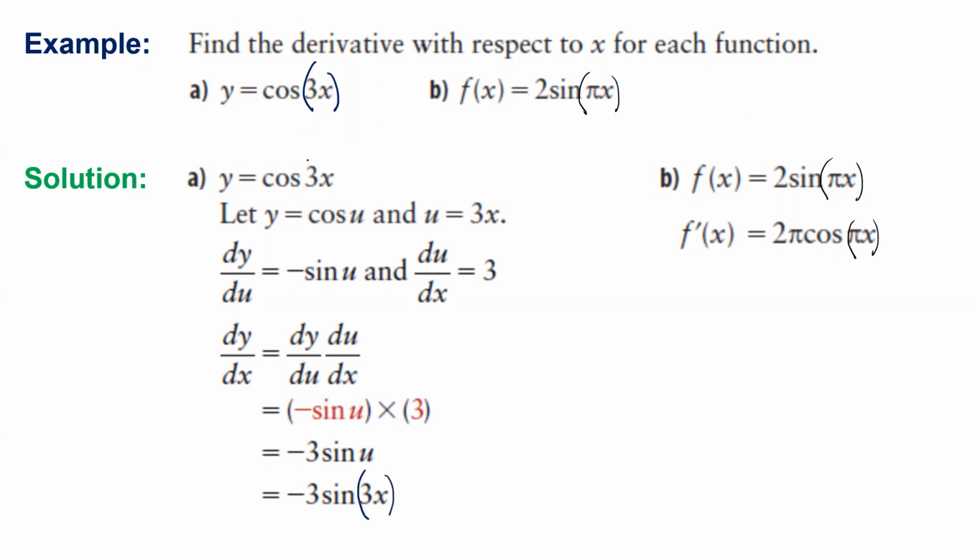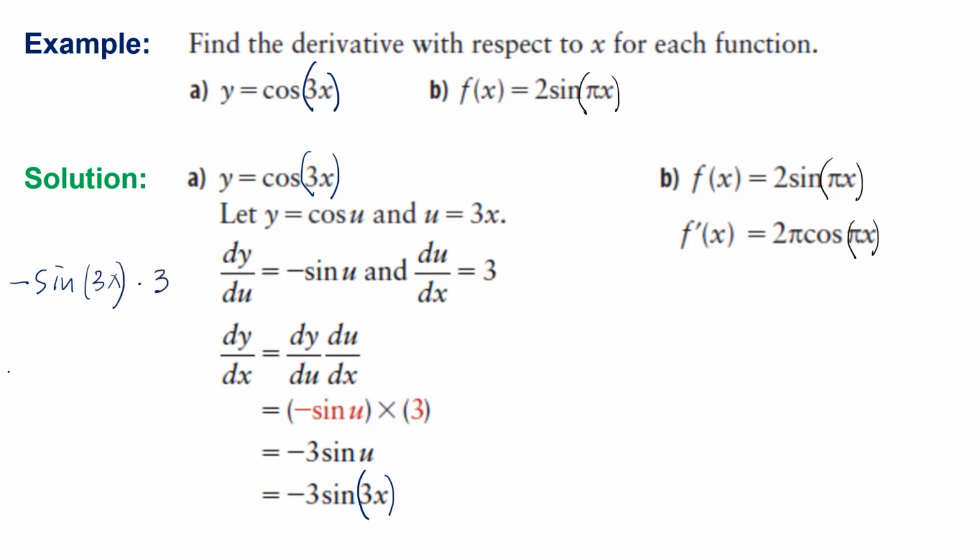So if you are already very familiar with this process, you can also directly write the derivative of such a function. So the derivative of cosine 3x, for example, you can directly write the derivative of the outer function, which is negative sine 3x, times the derivative of the inner function, which is the derivative of 3x with respect to x.